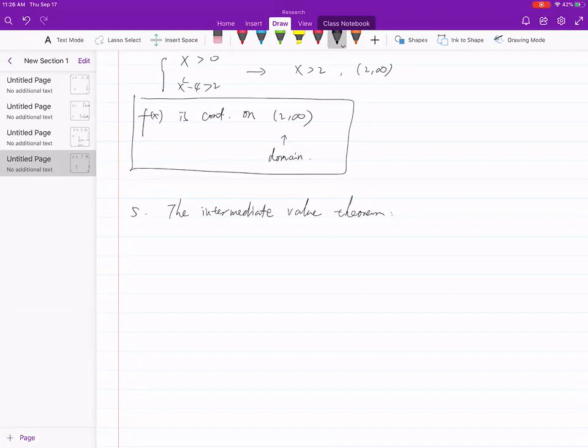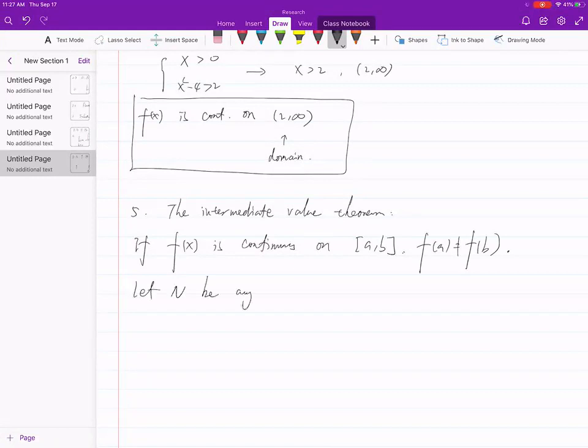If f(x) is continuous on [a, b], the closed interval, and f(a) does not equal f(b), let n be any number between f(a) and f(b).